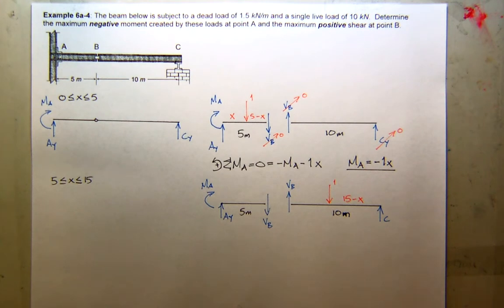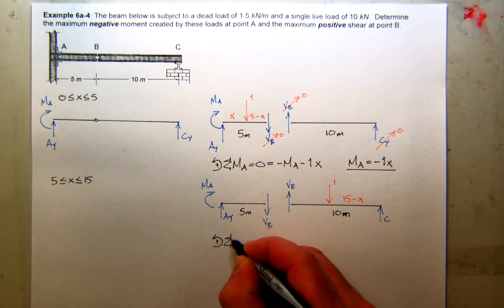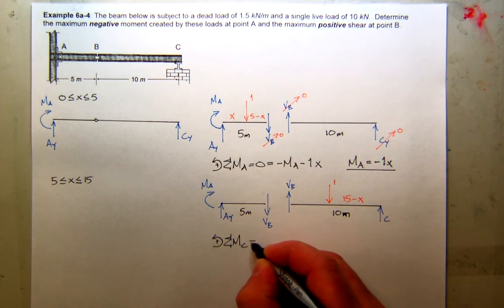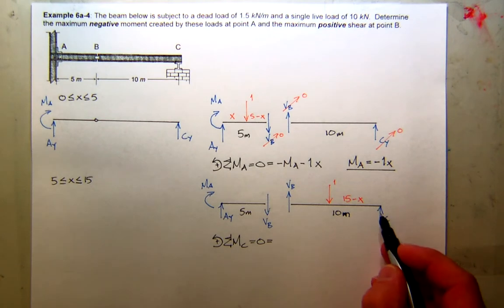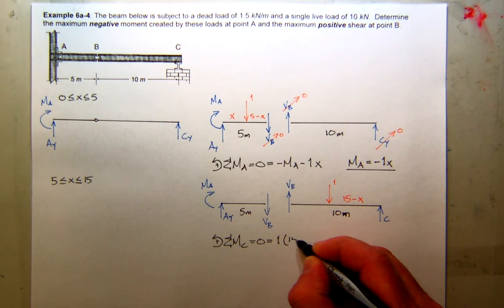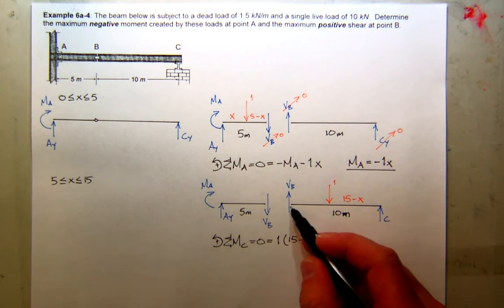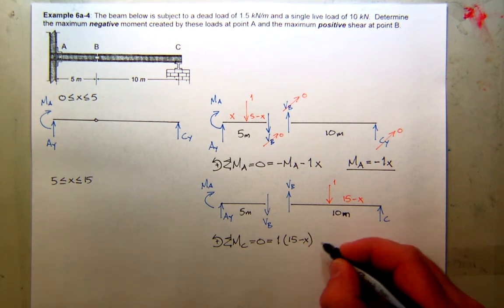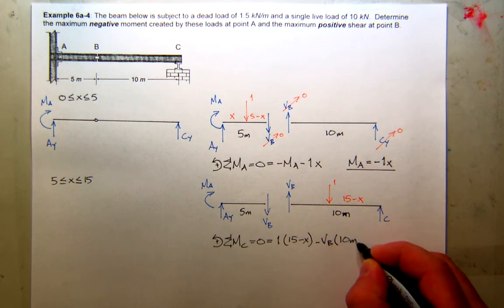So this is going to be a two-stage one. First, I will sum moments at C, and when I do that, I'll get the unit load creating positive moment at a moment arm of 15 minus x. Then I'll get the shear creating negative moment, and its moment arm is 10.